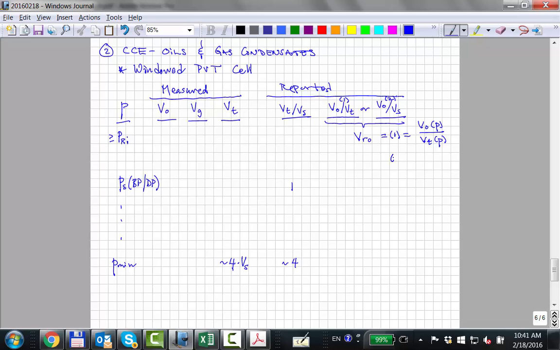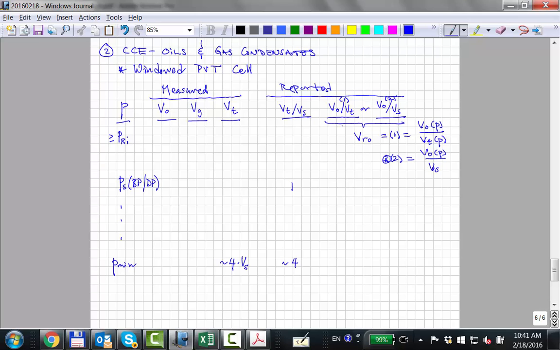The second definition is oil volume, which is a function of pressure, over a constant saturation volume. So the only thing that is gauging is how the oil volume changes. So in a sense, this is probably the preferred.